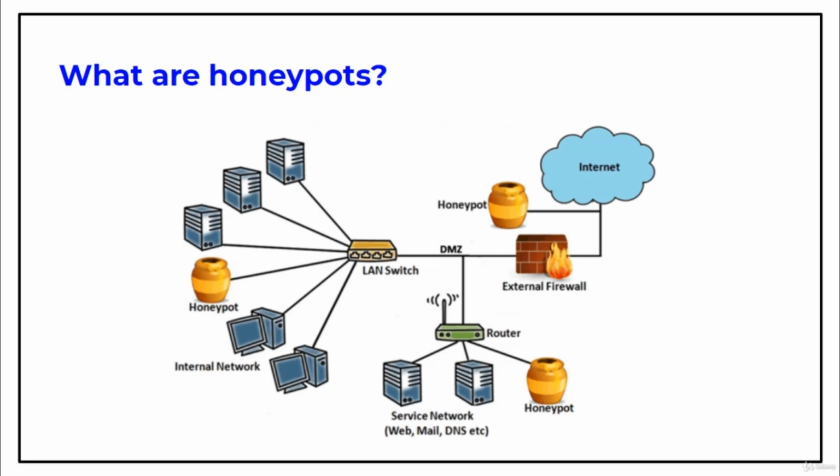It's a sacrificial computer system that's intended to attract cyber attacks, basically like a decoy. It mimics a target for hackers and uses their intrusion attempts to gain information about the cyber criminals and the way they are operating, or to distract them from other targets. How do honeypots work? The honeypot looks like a real computer system with applications and data, fooling cyber criminals into thinking that it is a legitimate target.